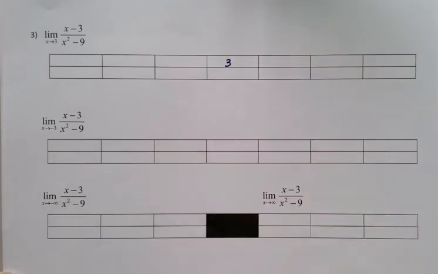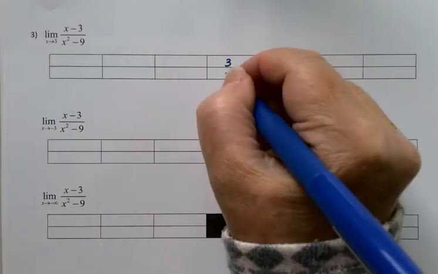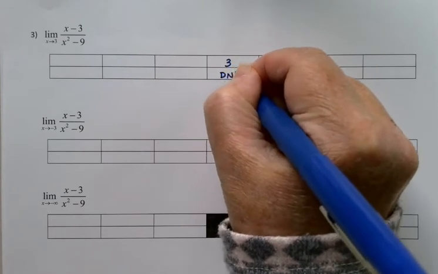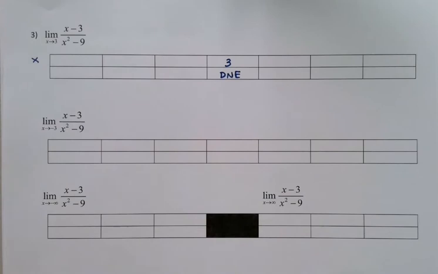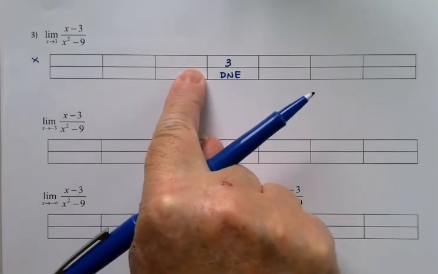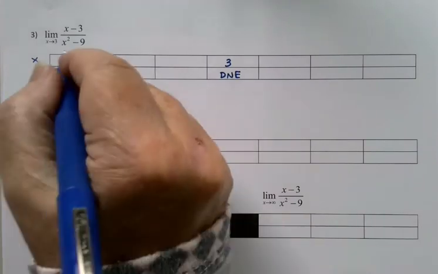I know for sure when x is 3, I would have 9 minus 9, or 0, in the denominator. So certainly the y value doesn't exist when x is 3. And so I'm going to pick values that get closer to 3 from the left, and then also closer to 3 from the right.